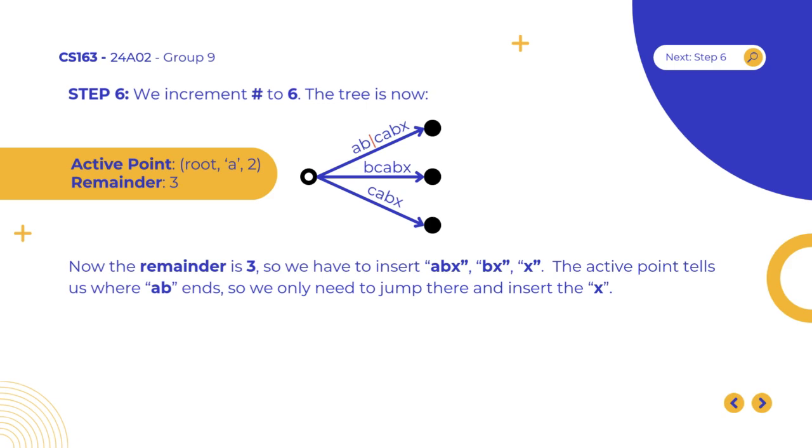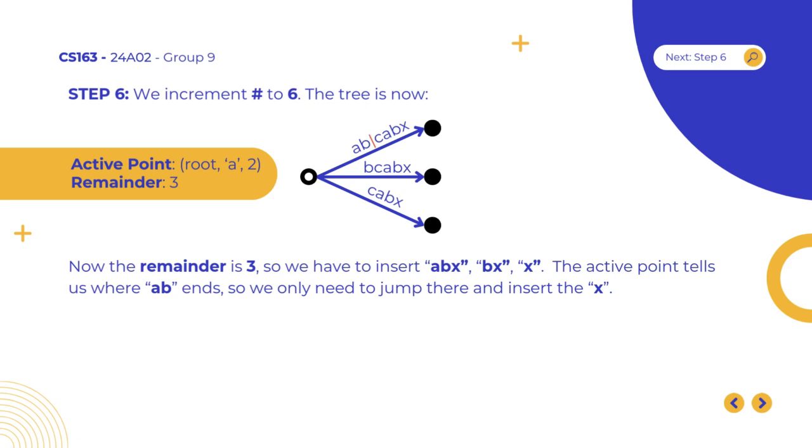The remainder is 3. So we have to insert ABX, BX, and X. First, we insert ABX. The active point already shows us where we need to insert the X to make the suffix ABX in the tree.